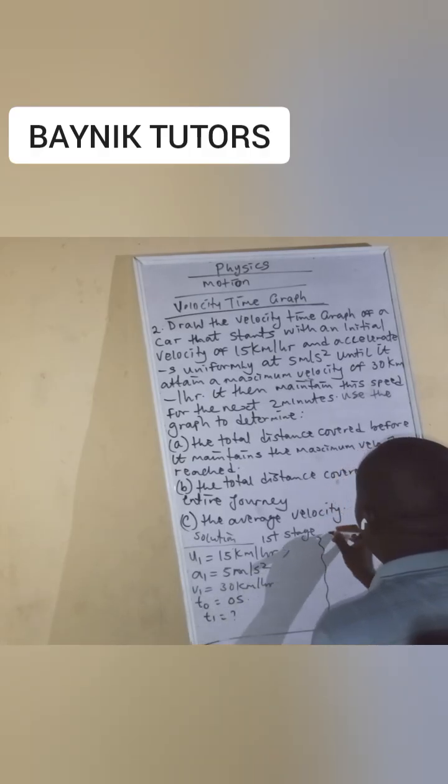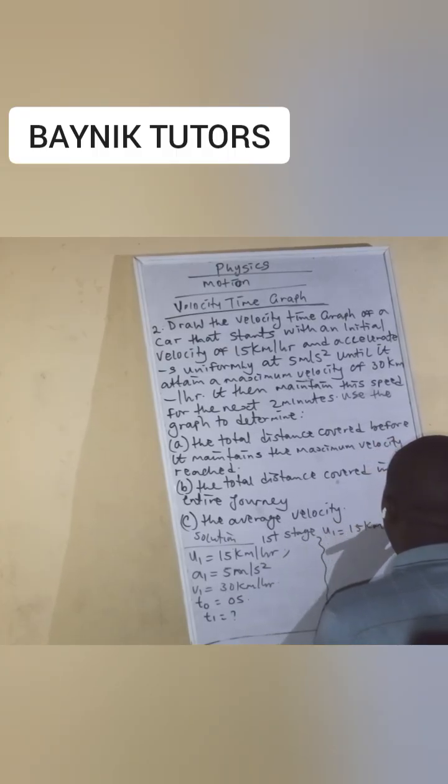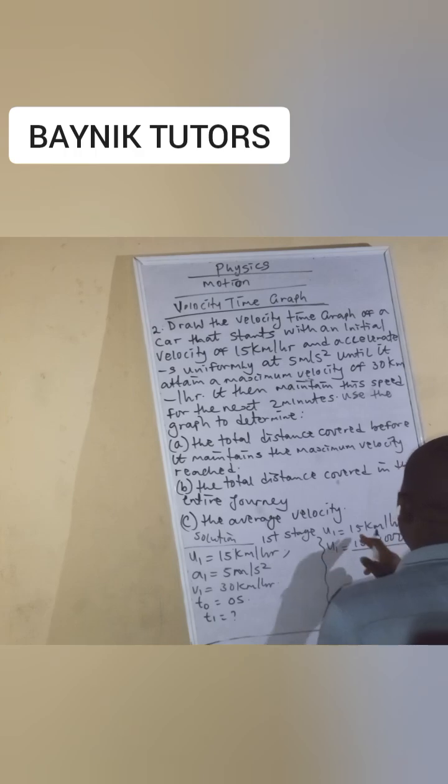Let's look at our U1, which is 15 km per hour. So the U1 will now be 15 times 1000 because this is 15 km per 1 hour.